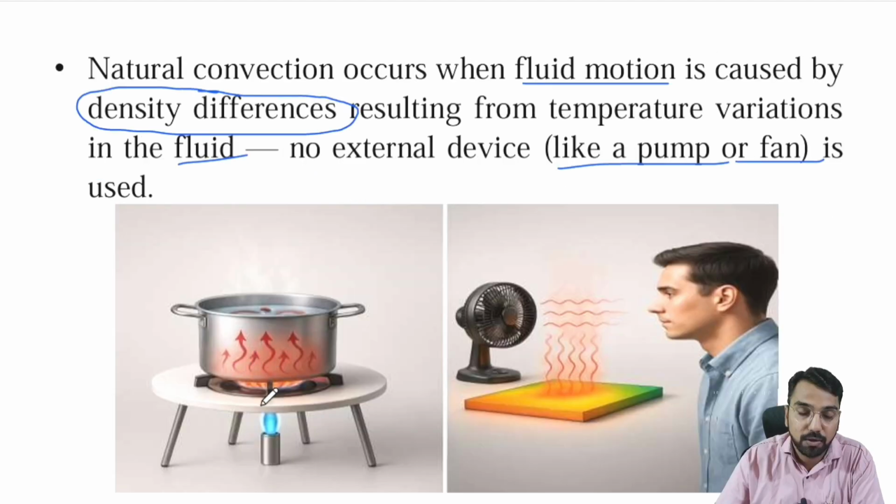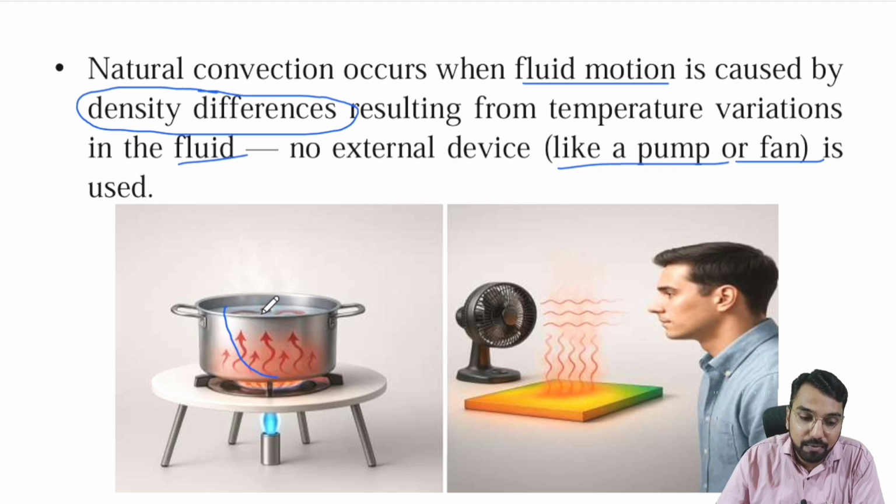In the figure illustrated here, the burner keeps heating this cooking vessel. You can see these arrows. The first layer of fluid or liquid in the vessel will get heated, due to which the density will become lesser, and this fluid layer will rise up.